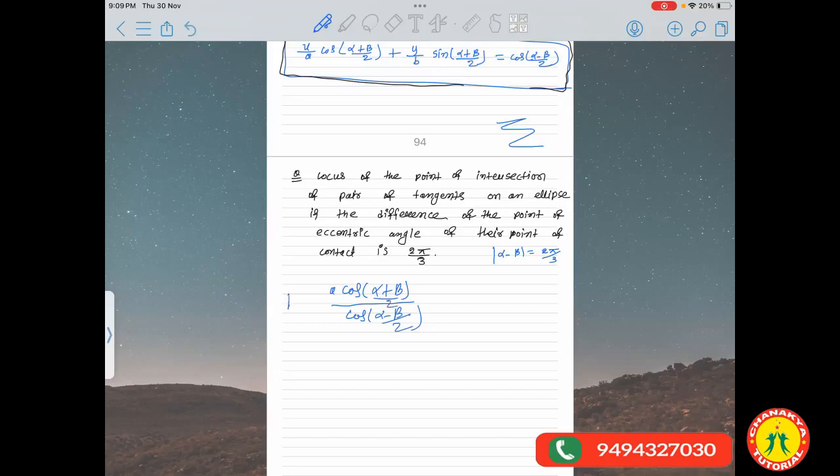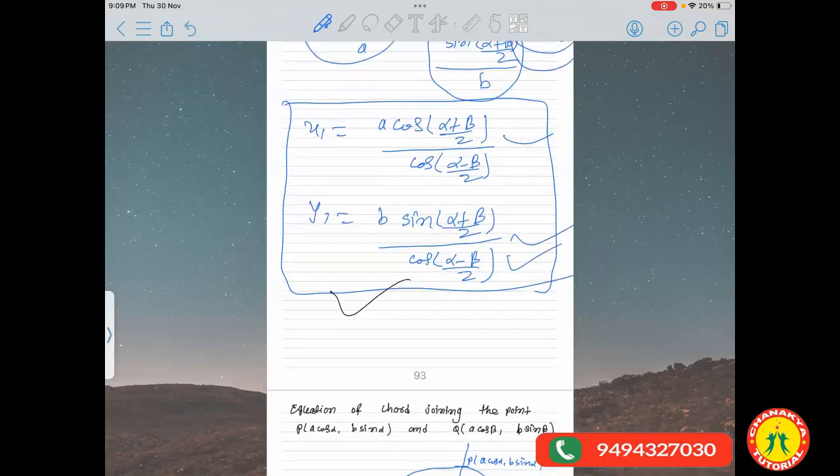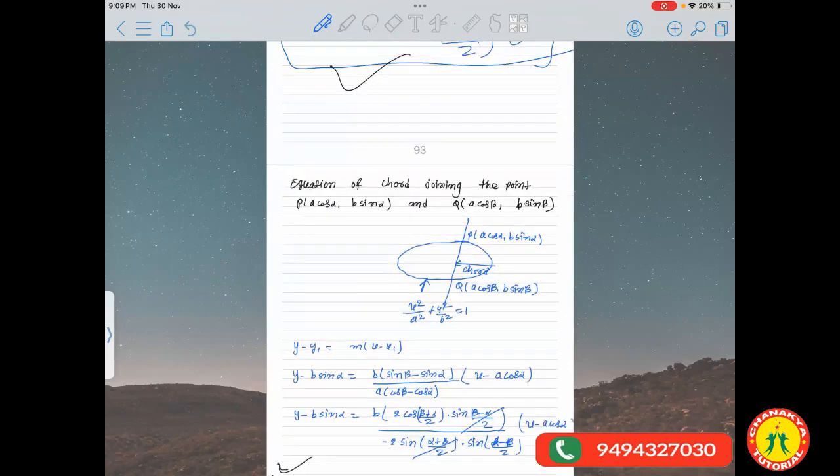Always when finding the locus of a point, we take it as h. And k, the y coordinate, is b sin((alpha plus beta)/2) upon cos((alpha minus beta)/2).